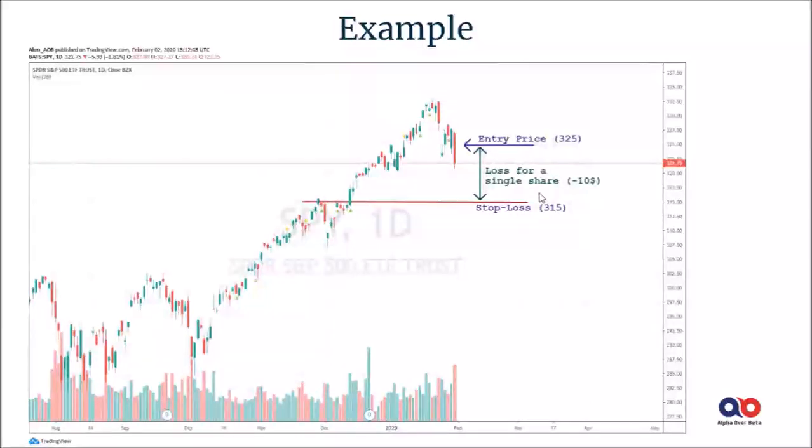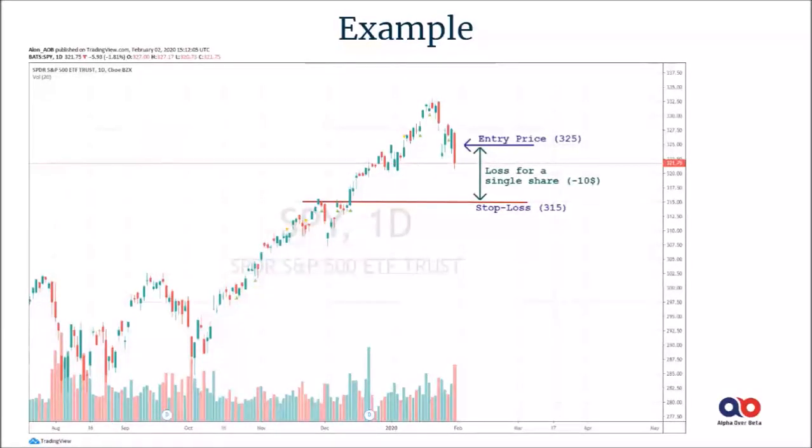You put a stop loss and you know what is the maximum loss you're going to lose per one single share. So if you know the maximum loss for one single share, and you also know the maximum loss you're willing to take for the entire position, all you have to do is divide the maximum loss that you have set before you issue the order, the maximum loss for the entire position, by the loss for one share, and you get the number of shares that you have to invest when you send the order to the broker.